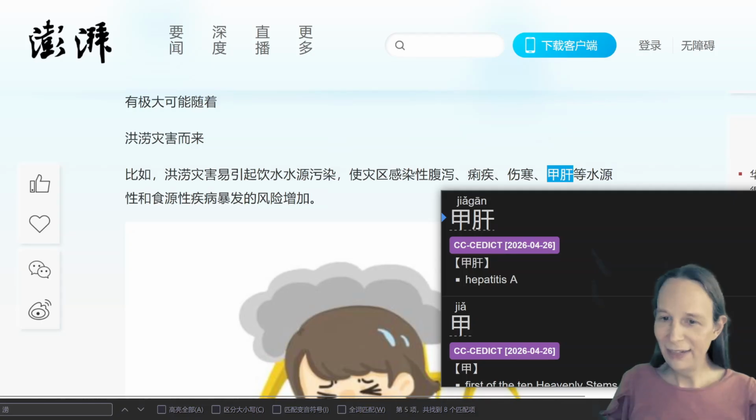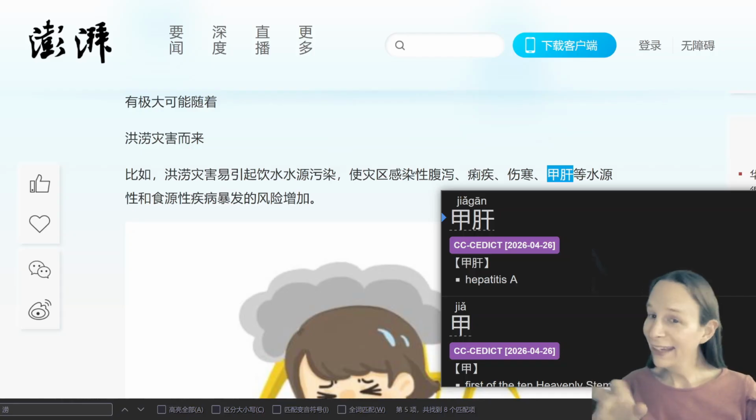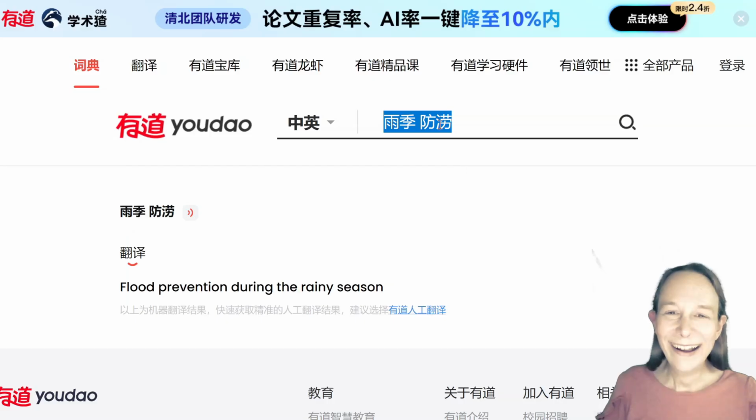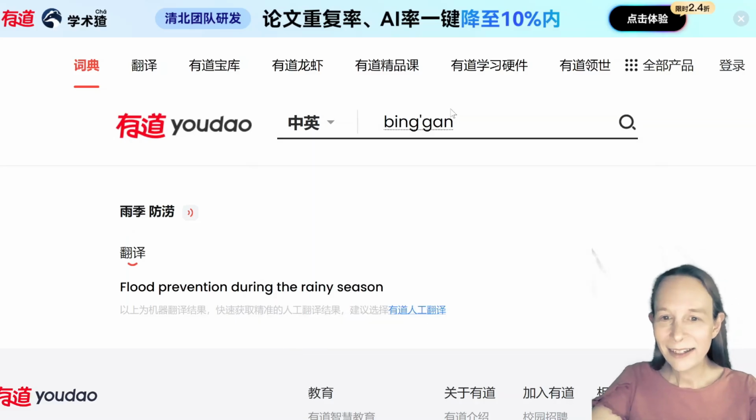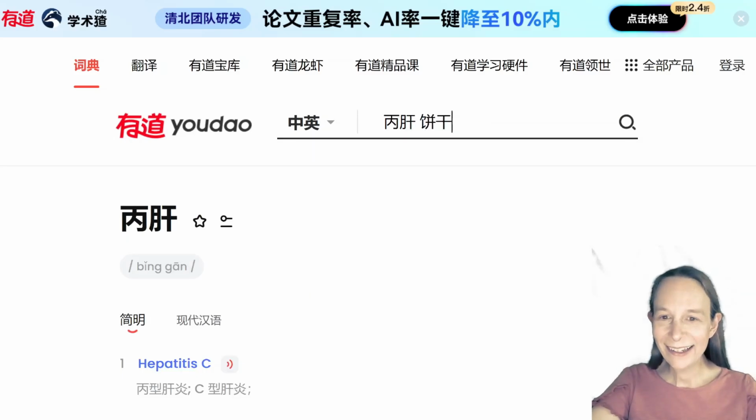It literally says like liver A. So presumably there's an 乙肝 and 丙肝. Wait, really? Oh, there is 丙肝.